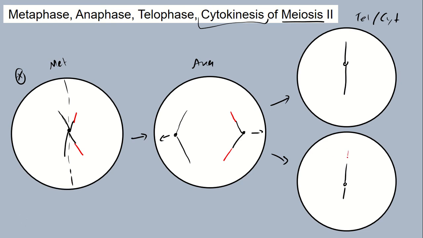I'm only showing two here, but remember there are two of these intermediate cells, so that we can generate a total of 4 haploid gametes. And again, these gametes are no longer genetically identical because they've undergone recombination.